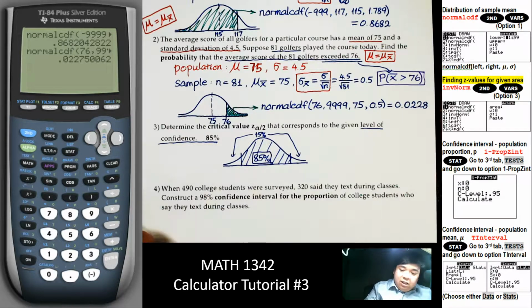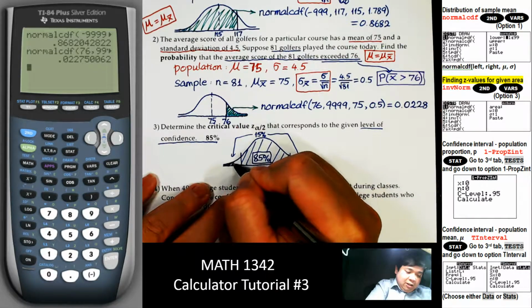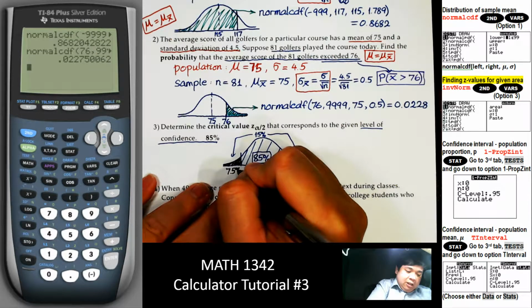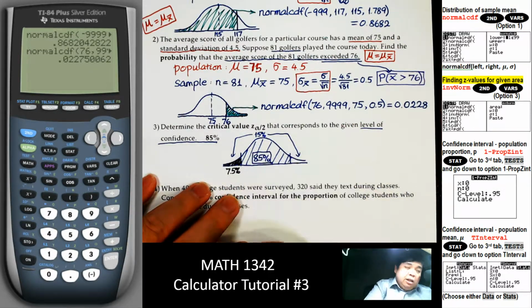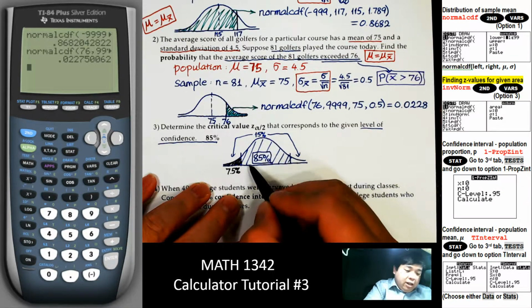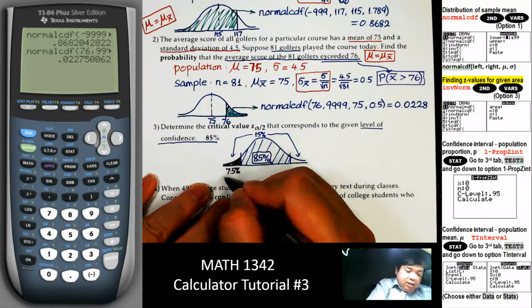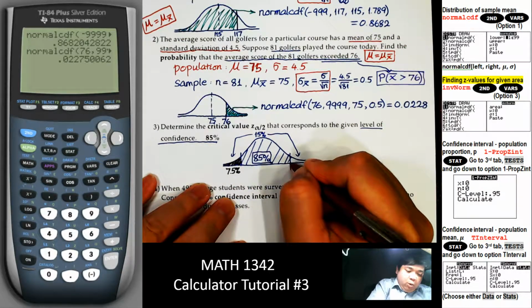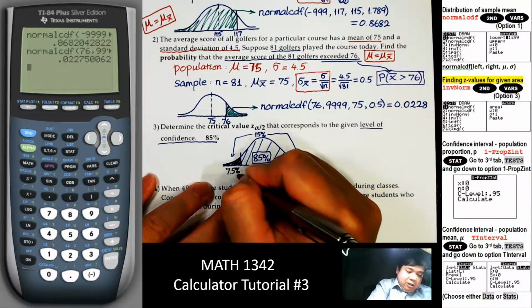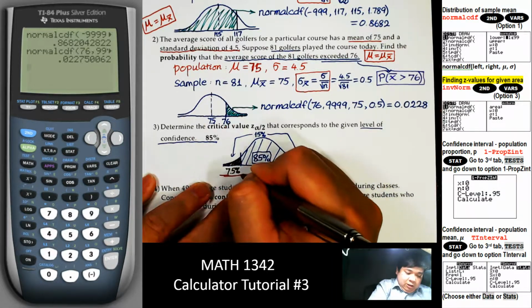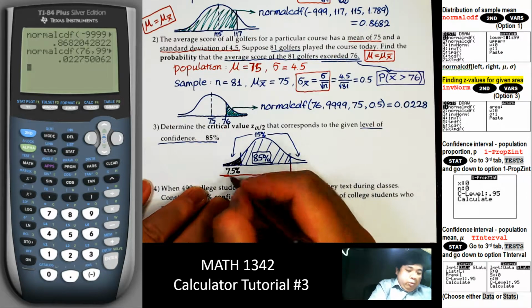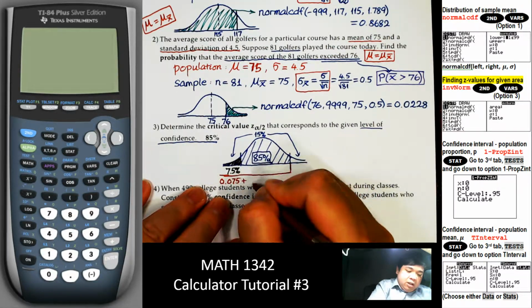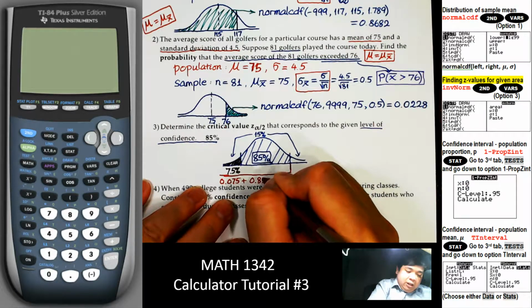Meaning half of that is 7.5%. Half of 15%, and everything on the left of this point will be 0.075 for 7.5% plus 0.85.